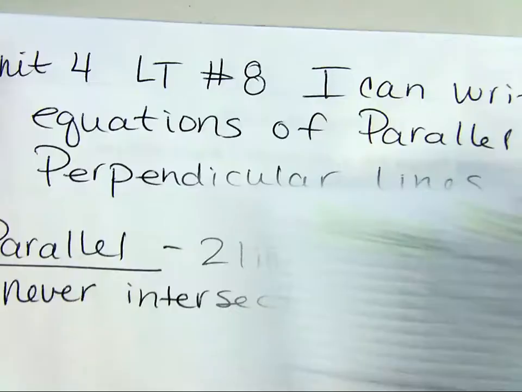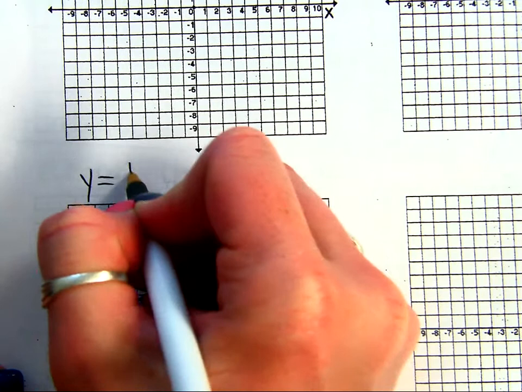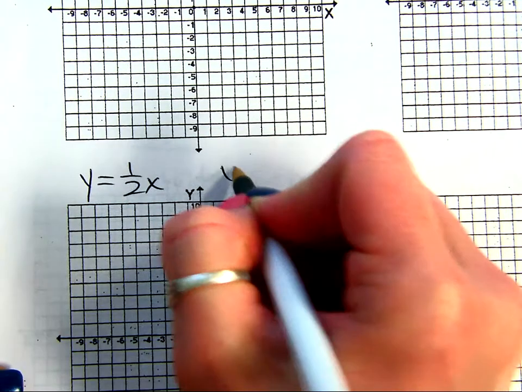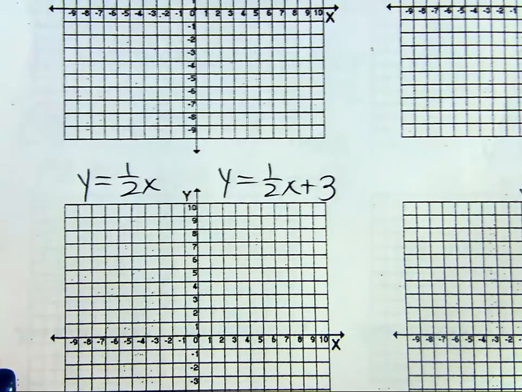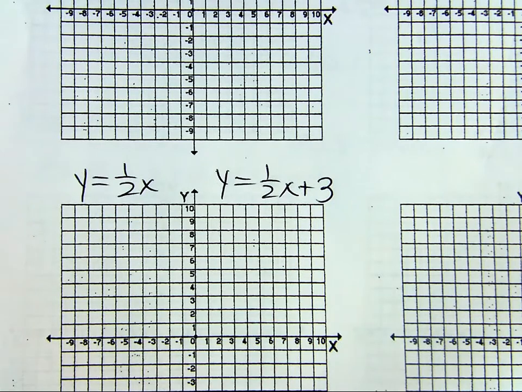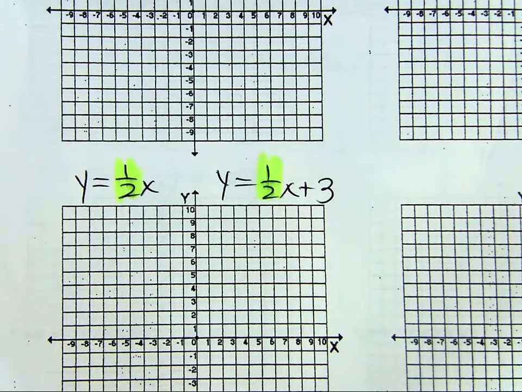So if I were to graph y equals 1/2 x and y equals 1/2 x plus 3, you know they're going to be parallel to each other because they're both 1/2. I'm going to cruise through this because I think we touched on it once already, when we were first learning about this.